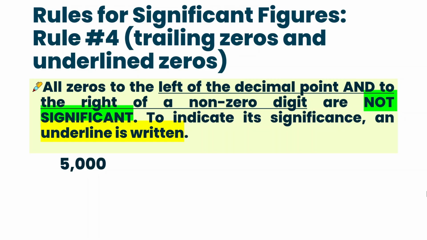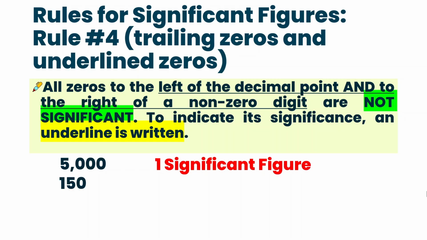How many significant figures are in this number? There is only one. 5 is the only significant figure here because the zeros after 5 are to the left of the decimal point. We don't necessarily write a decimal point, and they are to the right of the non-zero digit 5. That's why they are not significant.